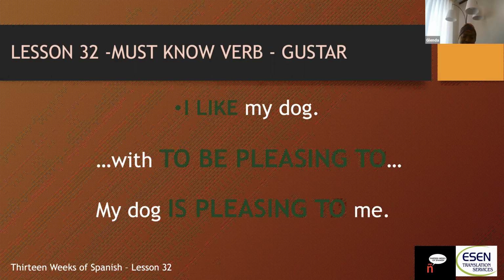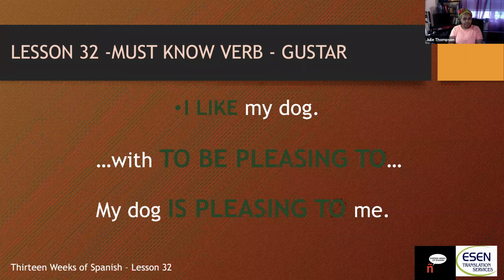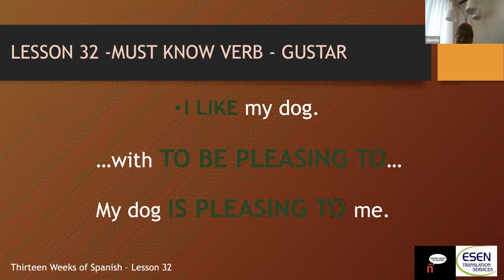And I turns into me, which is an object. So if I have the sentence, my dog is pleasing to me, who is controlling the verb? Dog. Dog is controlling the sentence.